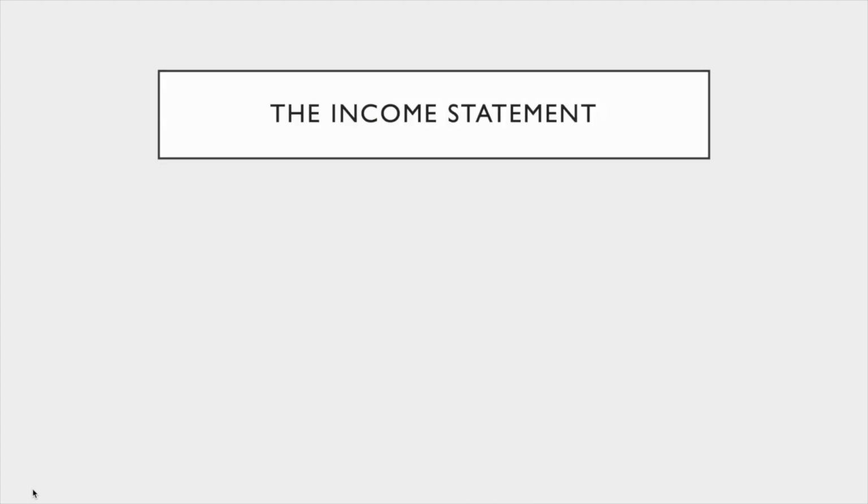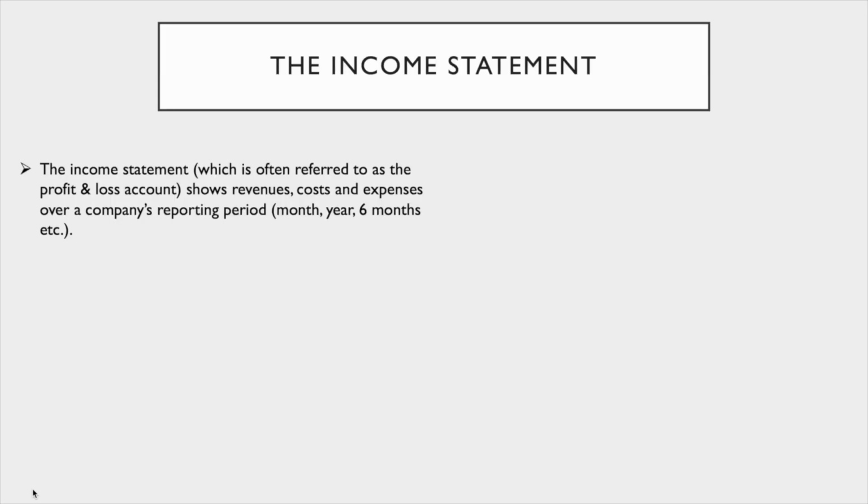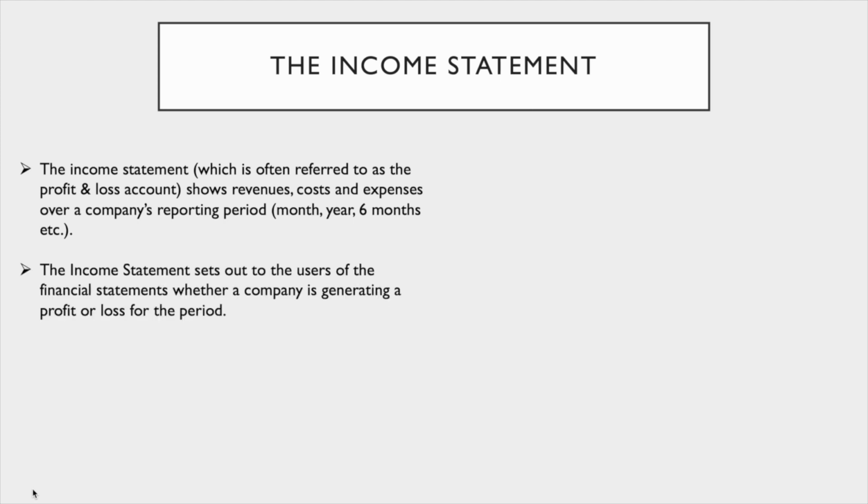Our next primary statement is the income statement. The income statement, which is often referred to as a profit and loss account, shows revenues and expenses over a company's reporting period. So that could be 1 month, a year, or 6 months. The income statement sets out to the users of the financial statements whether a company is generating a profit or a loss.